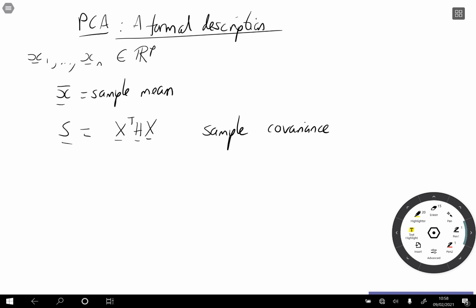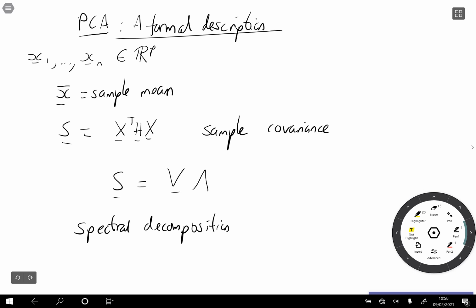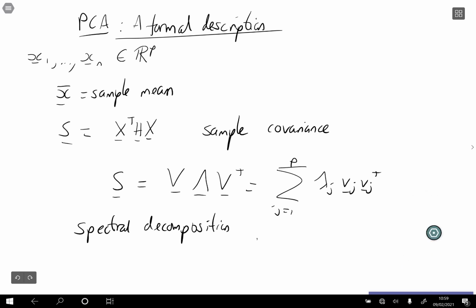Now let's suppose that S has spectral decomposition, that is V Lambda V transposed, which we can write as the sum from j equals 1 to p of lambda_j v_j v_j transpose, where the v_j's are the eigenvectors, lambda_j's are the eigenvalues.